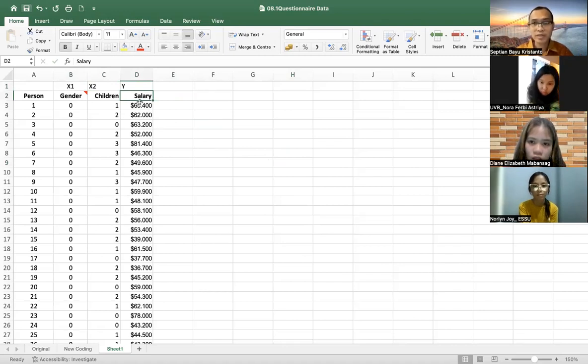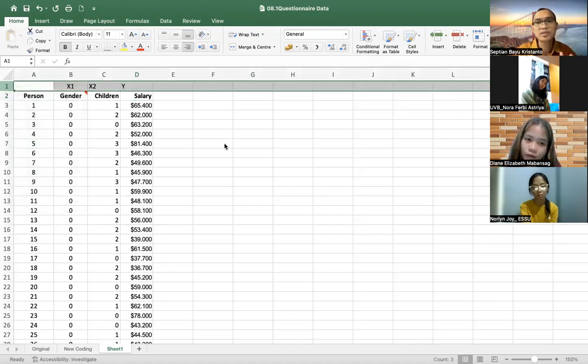While when we talk about multiple regression, we need all of the independent variables. In our case, we only have 2 independents, the gender and the children. Okay, let's simulate one by one.